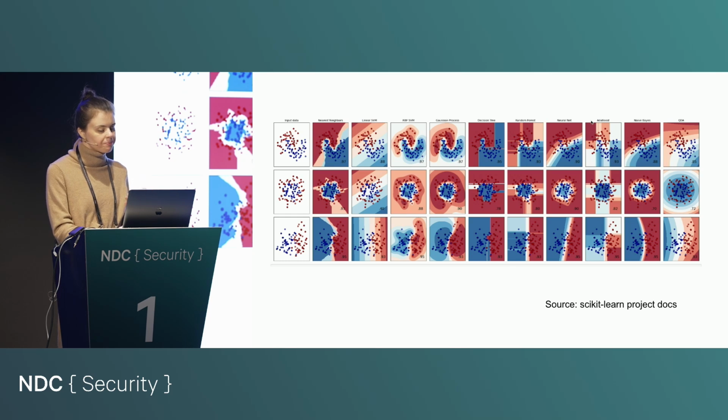And there are other classifiers that learn very smooth, very rounded decision boundaries. So there is a lot of choice, and it's not always clear at the start of the project what you should use.